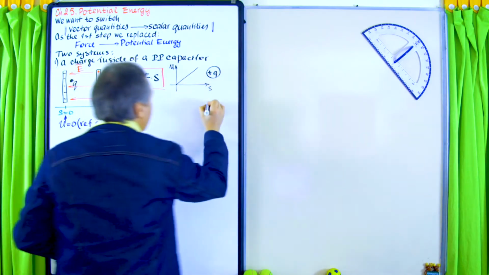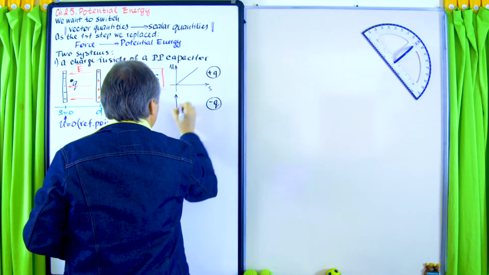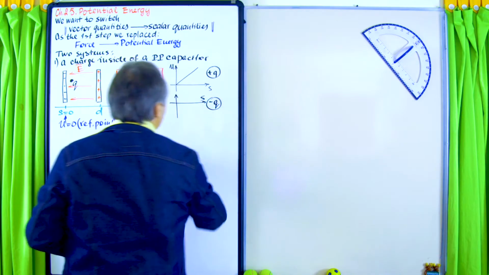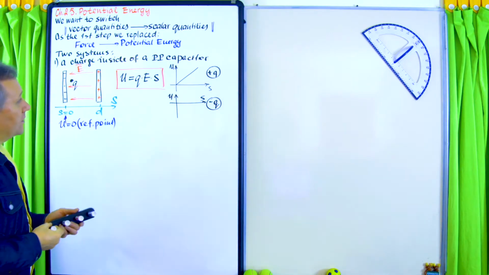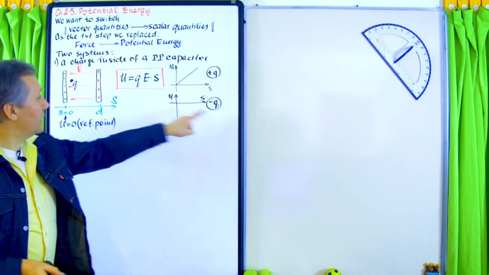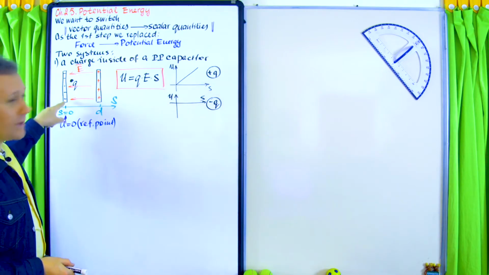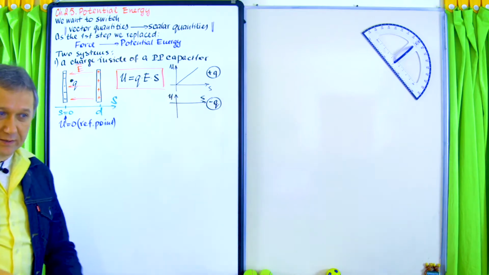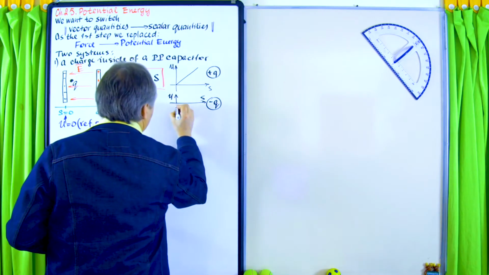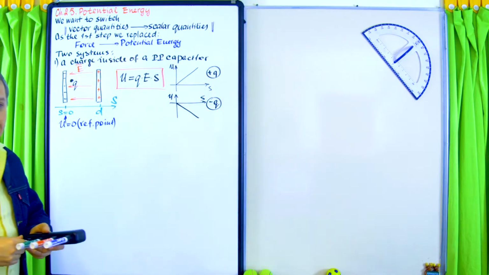But of course, if you have a negative charge, minus Q, and you plot something similar, again this is potential energy versus S. In this case, since the charge is negative, there will be a minus in front. So 0 again at the negative electrode, and after that, potential energy goes to negative values.